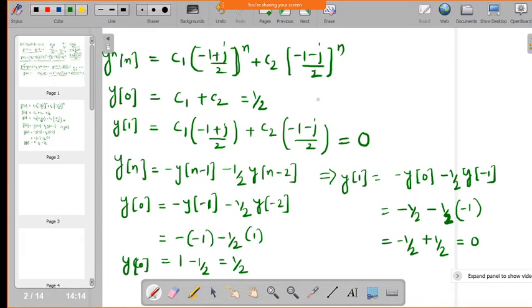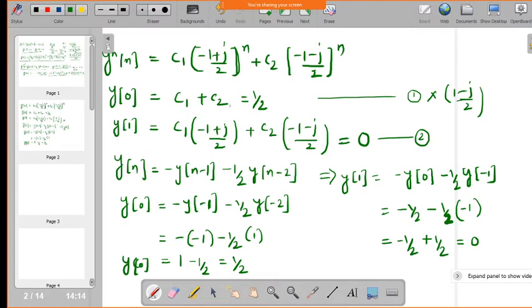Now take these two equations, equation number 1 and equation number 2, and solve for C1 and C2. If you multiply equation 1 by 1 minus j by 2, taking the opposite of this, and then add, the C1 terms will cancel each other. Then you will get the value for C2.